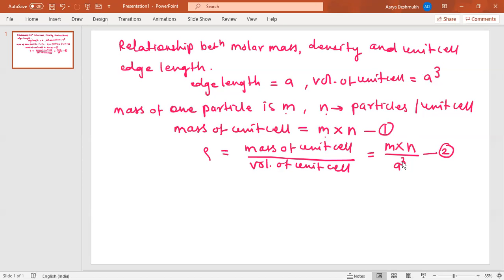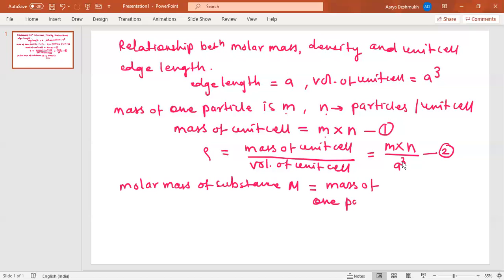Now the molar mass of the substance, that is capital M, will be given by the mass of one particle into the number of particles per mole, because we are talking about molar mass, so we have to consider per mole particles.